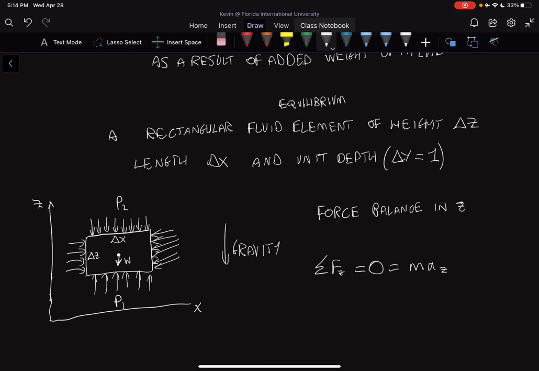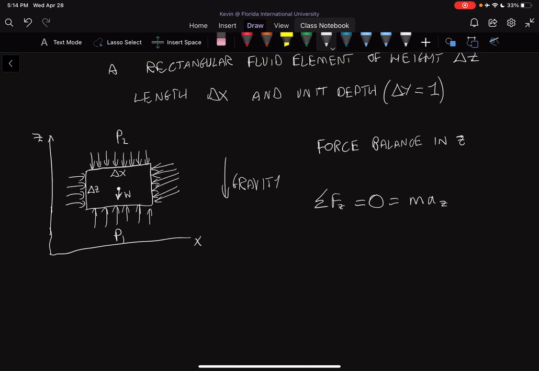So now let's look at the forces in the z direction. Try to do this by yourself before looking at my solution, but try to do the sum of the forces in the z direction. So one of the first forces in the z direction is going to be this pressure 2 element. Okay, and pressure 2, remember, pressure is equal to force over area.